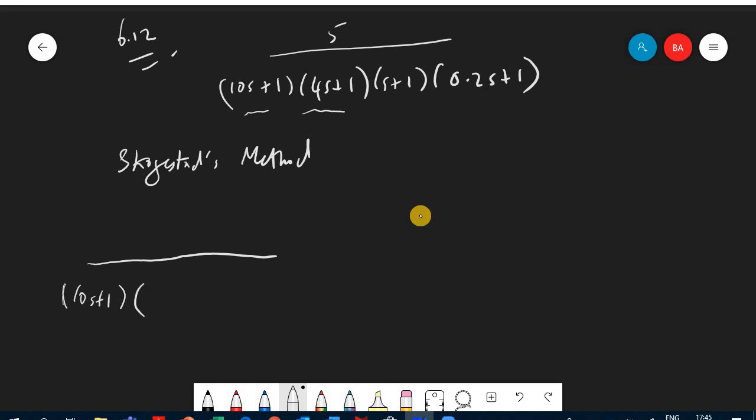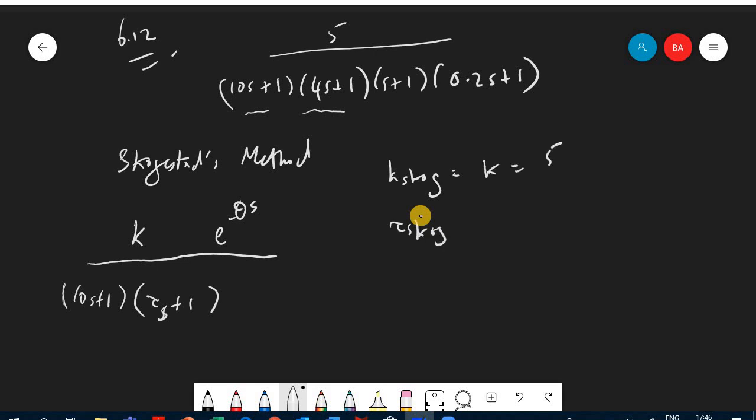So my second order will be some value here that I'm going to find, which is tau s plus 1. And I'm going to find the k, which in this case is k Skog, and I'm going to find the theta, right? So I need to find k, theta, and tau. So for the Skogestad method, if you remember, we said that k Skog is equal to k, which is 5.